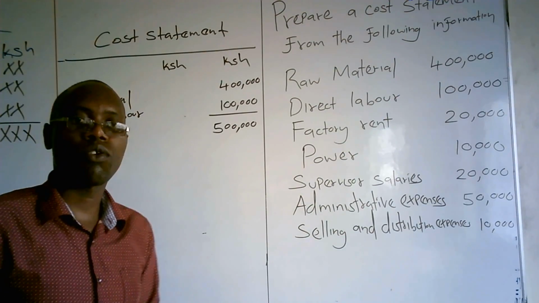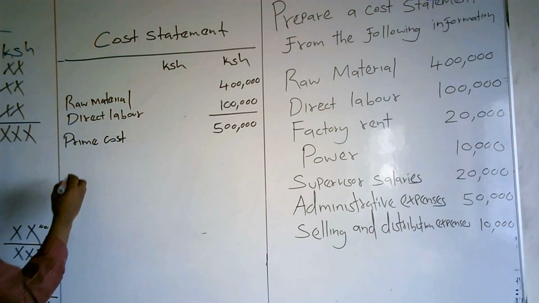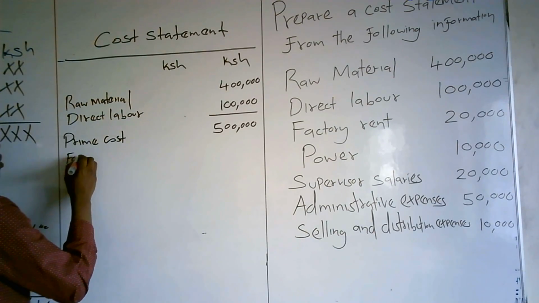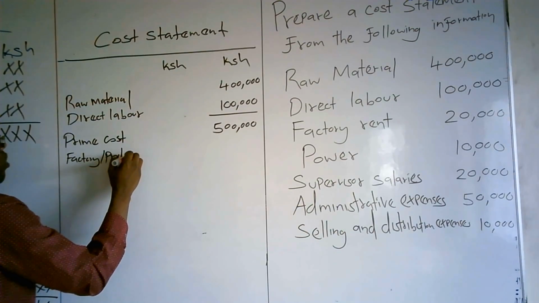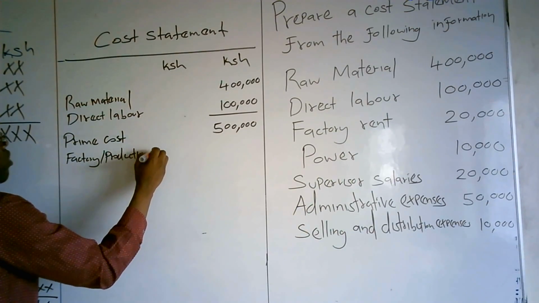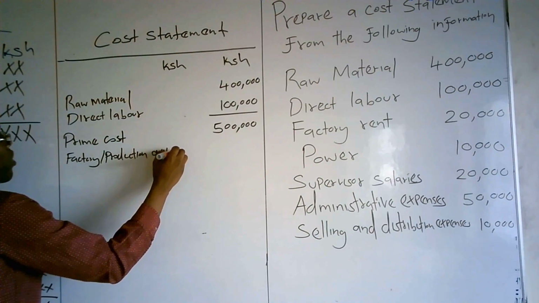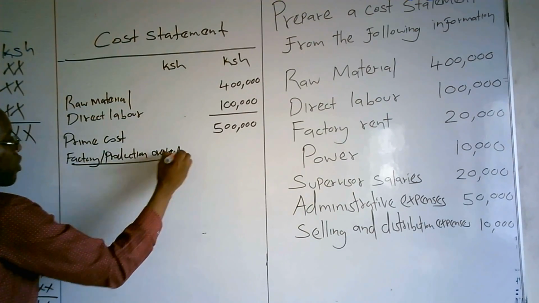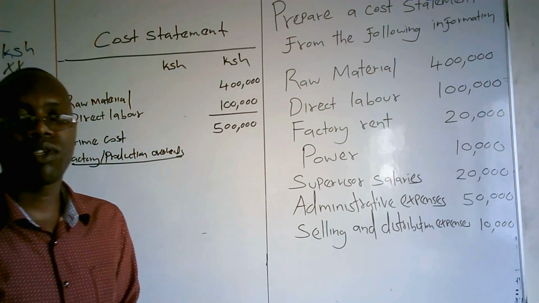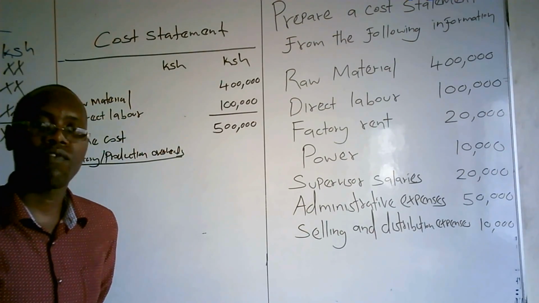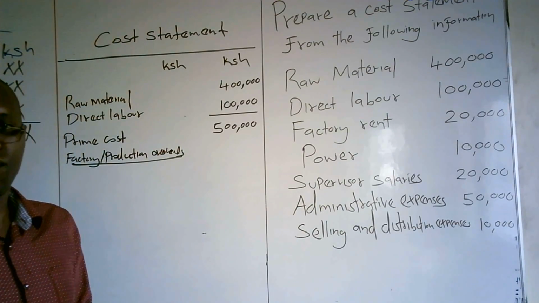So you go to the factory stroke production overheads. We want to be able to see those factory stroke production overheads. Which are they? I give you an example.